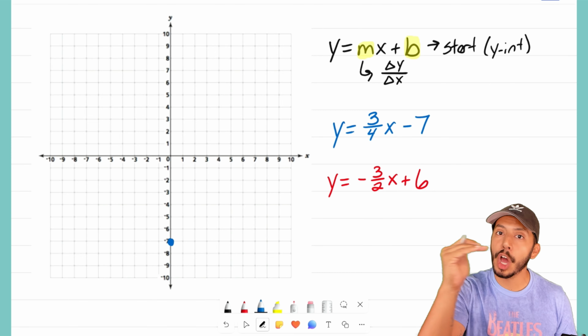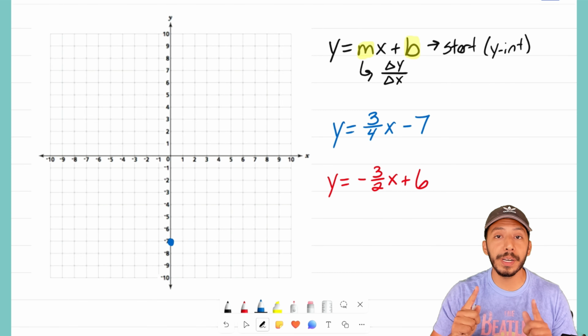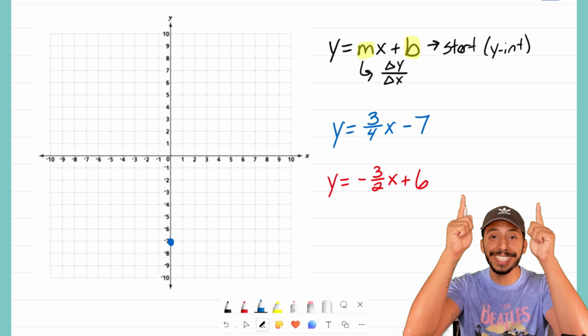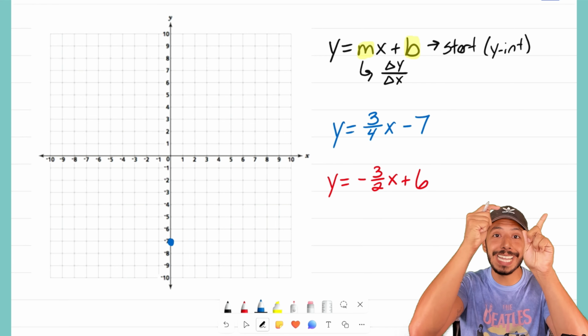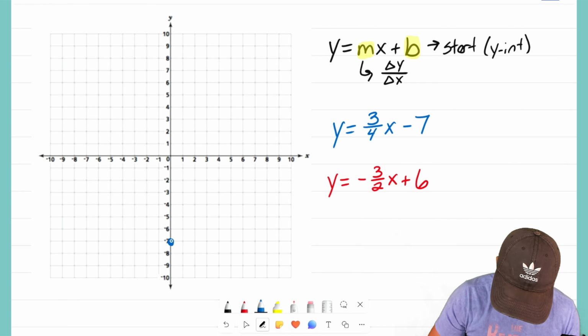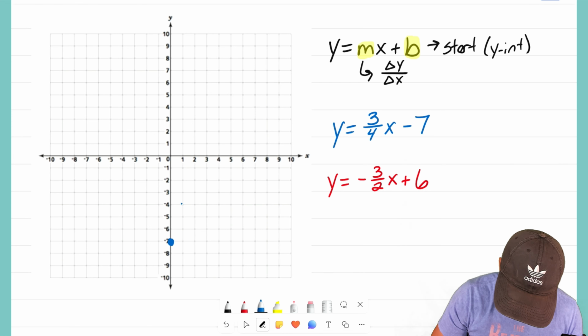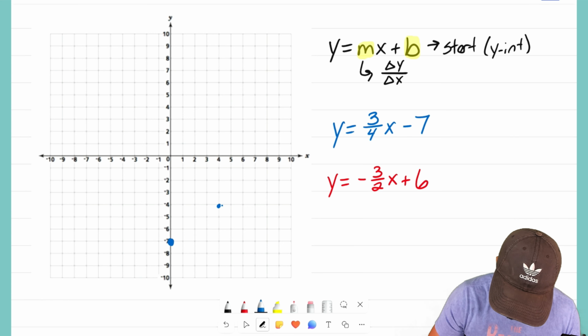But delta x, always to the right. So the 3 means I go up 3 notches, and then the 4 means sliding to the right 4. Let's do it. Up 1, 2, 3, over 1, 2, 3, 4, put a point. Let's do it one more time. Up 1, 2, 3, over 1, 2, 3, 4, put a dot.